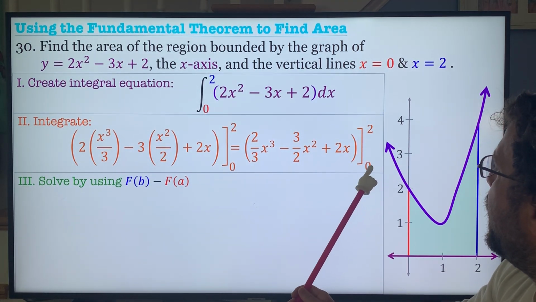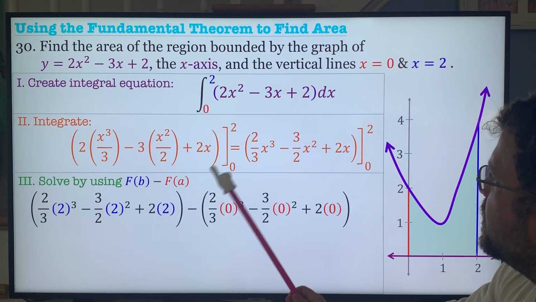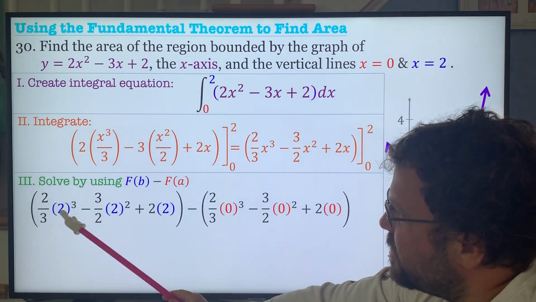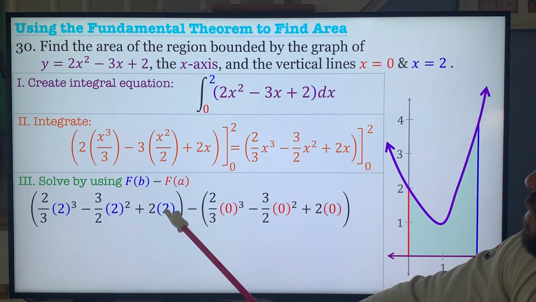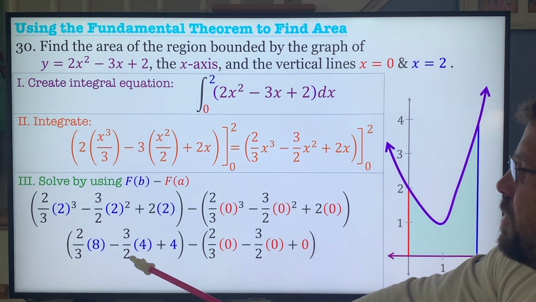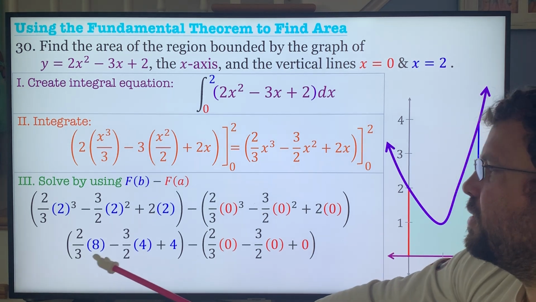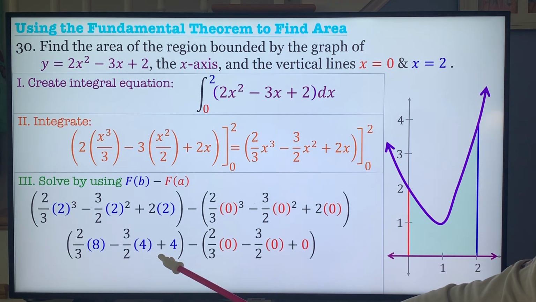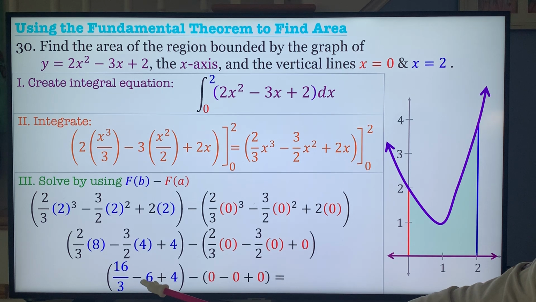So you type 2 in here. 2 cubed is 8. 4. 0, 0, 0. So you got 2/3 times 8, 3/2 times 4. So this is 16 over 3 minus 12 over 2 plus 4.